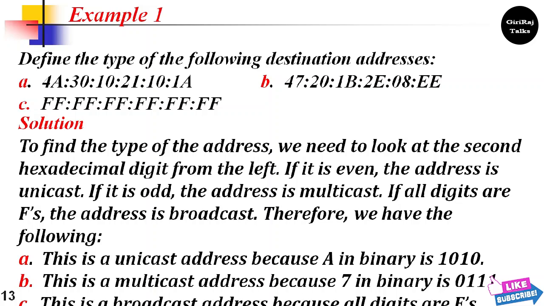A. This is a unicast address because A in binary is 1010, which is even. Second one, B. This is a multicast address because 7 in binary is 0111, which is odd. C. Third one. This is a broadcast address because all digits are F's.